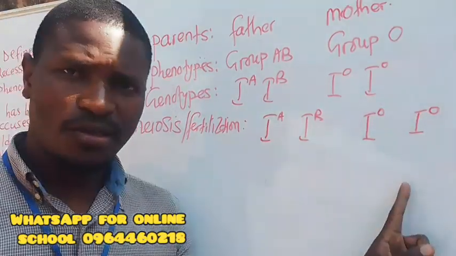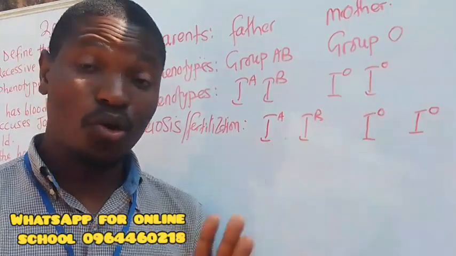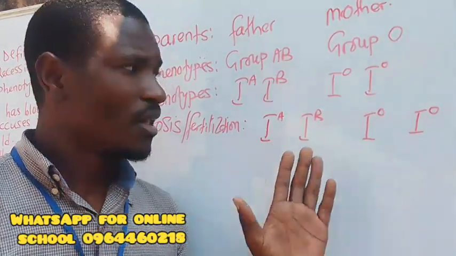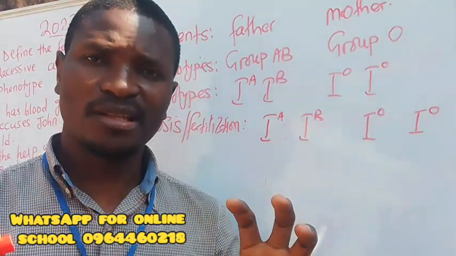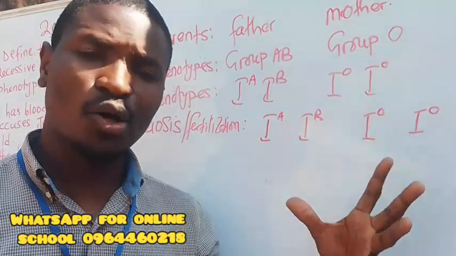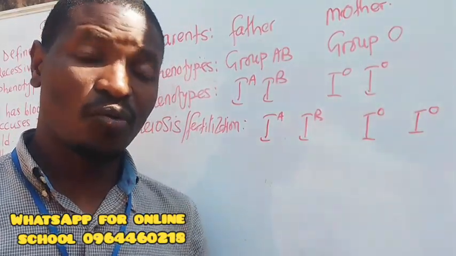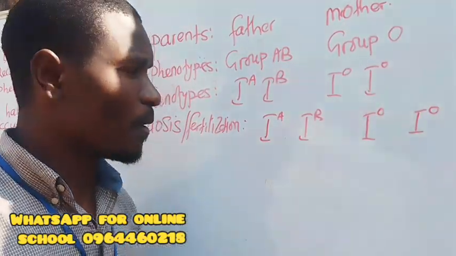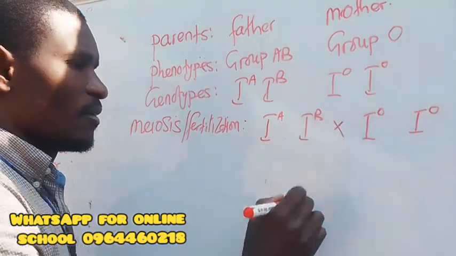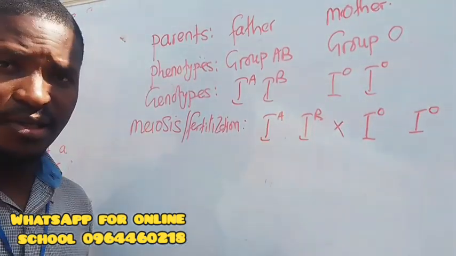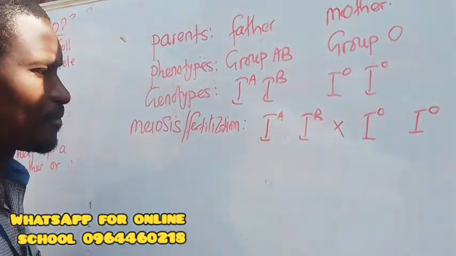Now you can see that because meiosis is taking place, you separate them a bit because they are now ready for crossing over or for fertilization. Then we put a cross to say we are now going to cross over.